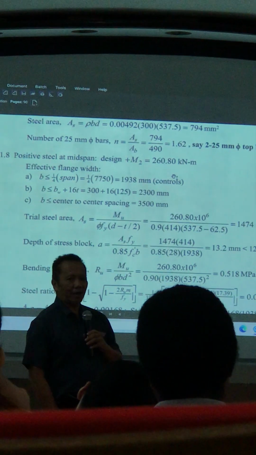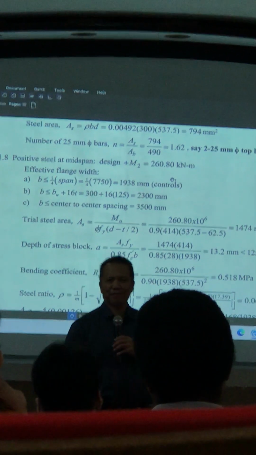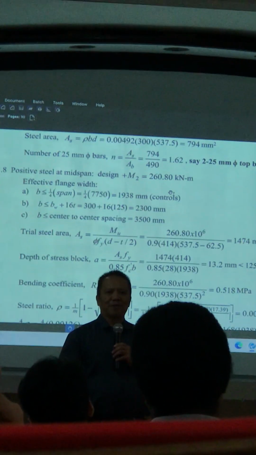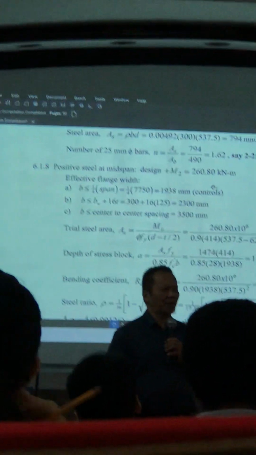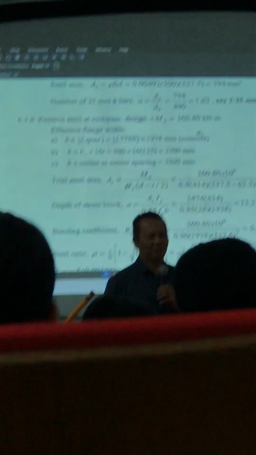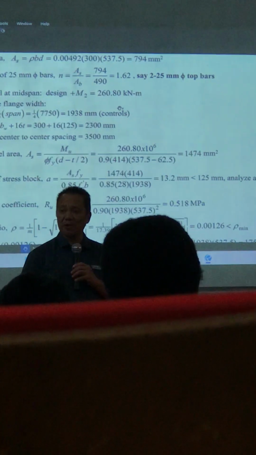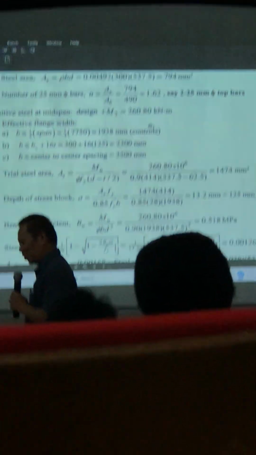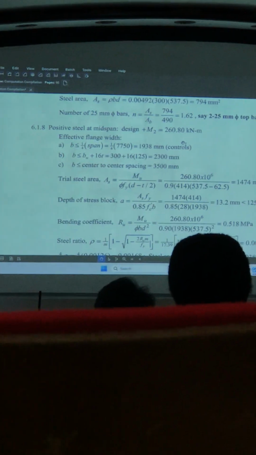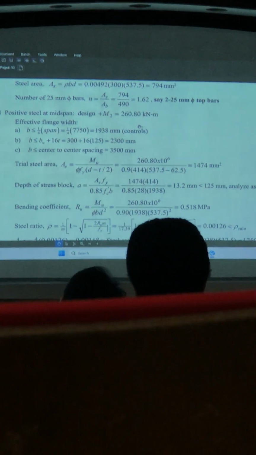In reinforced concrete design, T-beam was already discussed, right? Discussed already, and the next one will be discussed by your RC design teacher. You can refer to the lecture notes in case you already forget. Here we write the solution in detail in this design calculation.